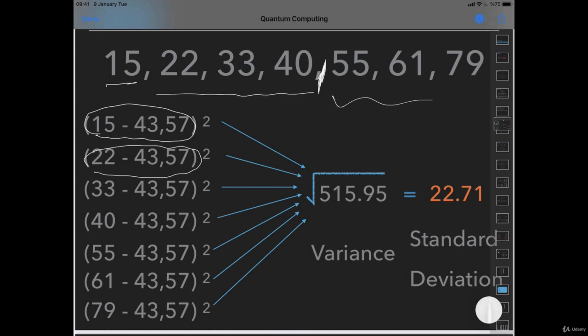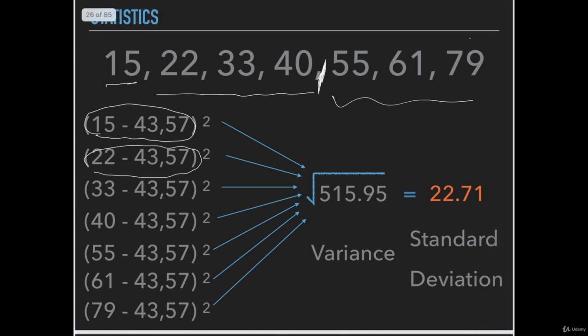So rather than that, we take the square of these differences, okay, and we add them together. It's called variance. We have 515 variance in that given list.